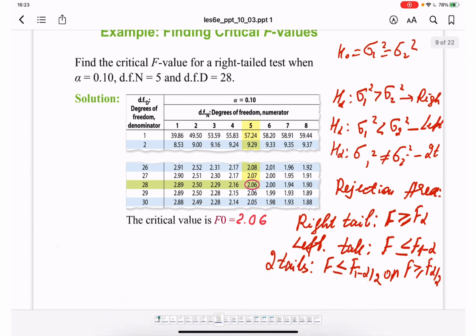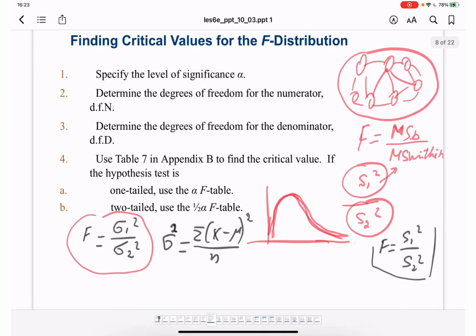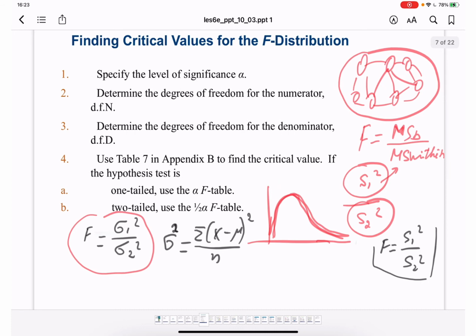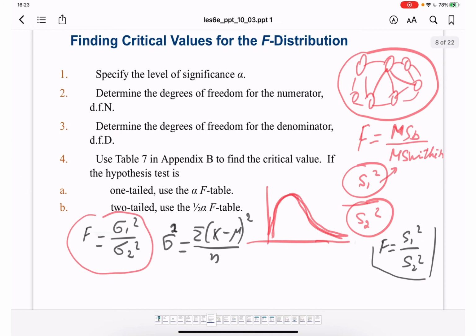Okay, now let's go back. What do we need to do? To be able to do an F test and then compare the rejection region and fail to reject region, as we already know, we need to have the critical value, right?